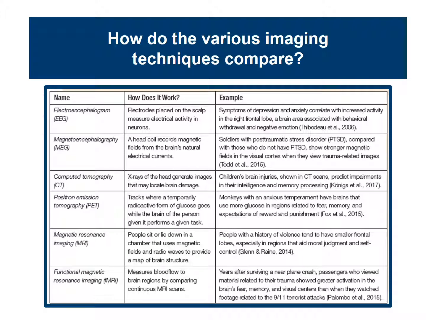And fMRI: years after surviving a near plane crash, passengers who viewed material related to their trauma show greater activation in the brain's fear, memory, and visual centers than when they watched footage related to the 9/11 terrorist attacks. So that is really intense information about how our brains hold on to stuff and how we process. And of course, the tools used to be able to tell us all of that.